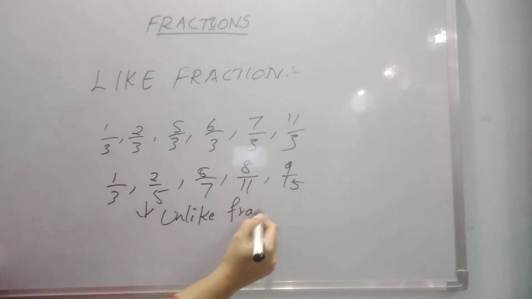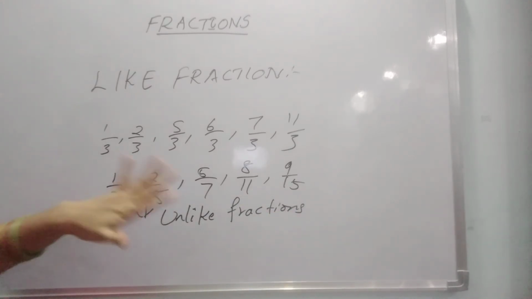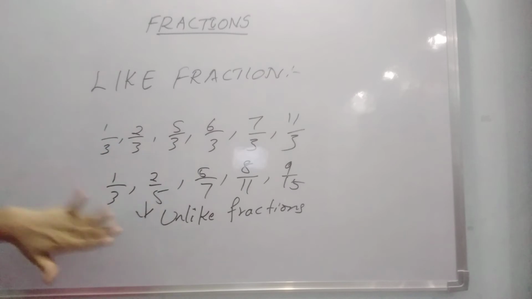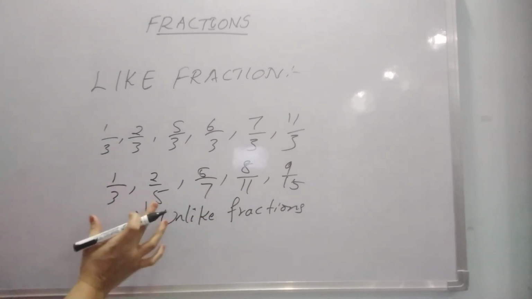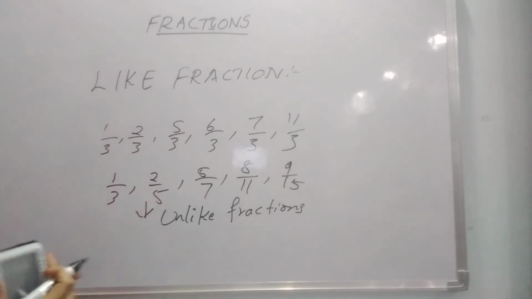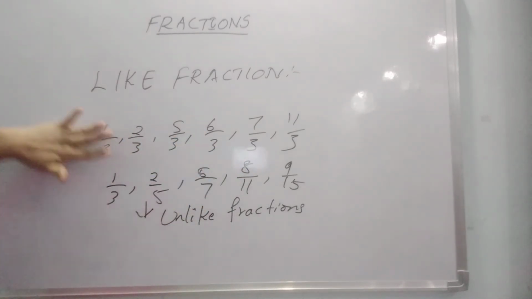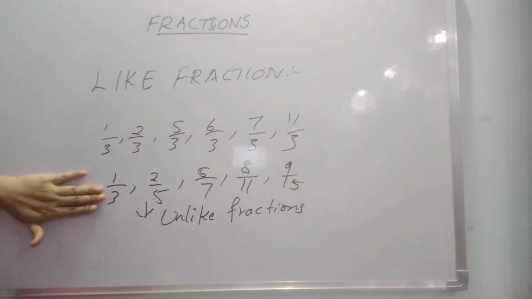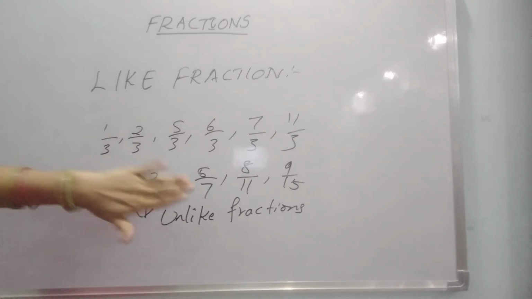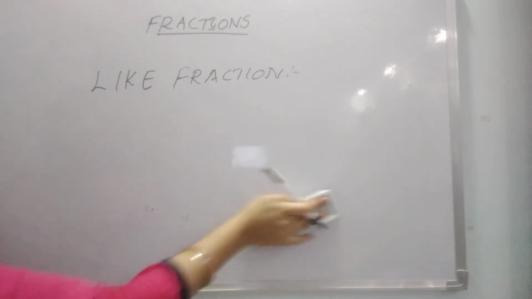Whether numerators are the same or not, we don't need that; we have to compare only denominators. If denominators are the same, these fractions are like fractions. If denominators are not the same, these fractions are unlike fractions.